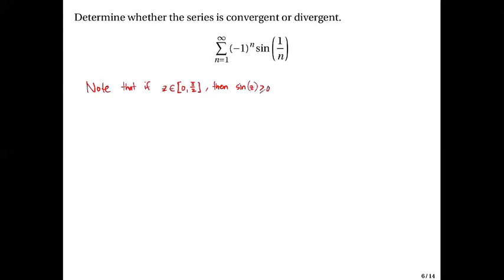It's 0 at z equals 0 and positive between 0 and pi over 2.